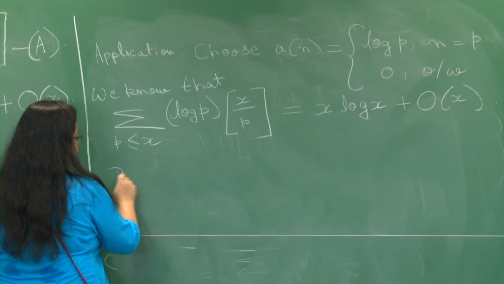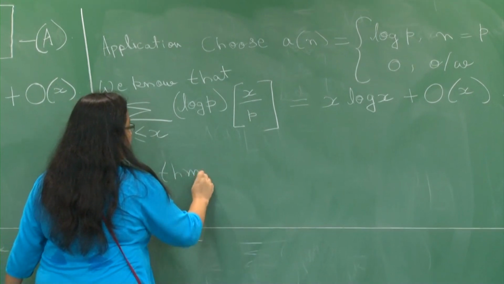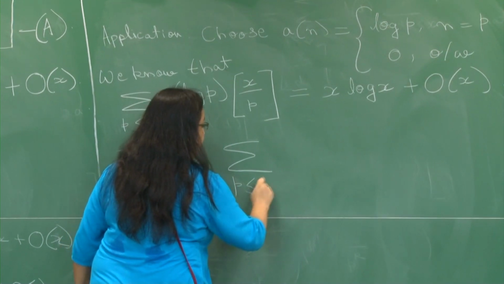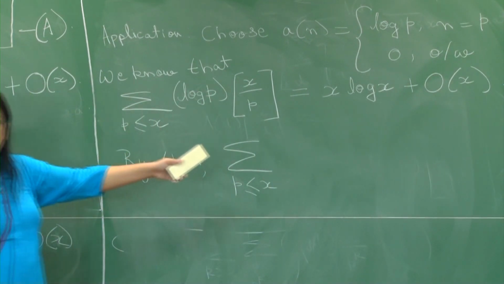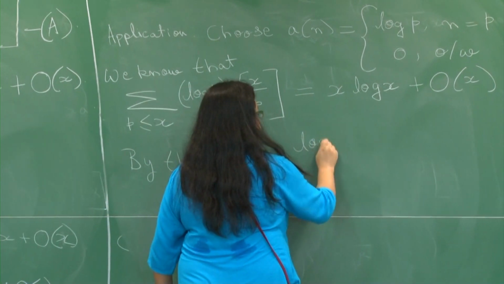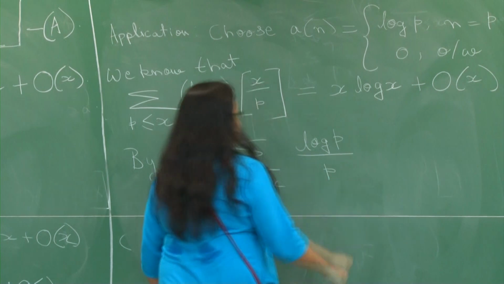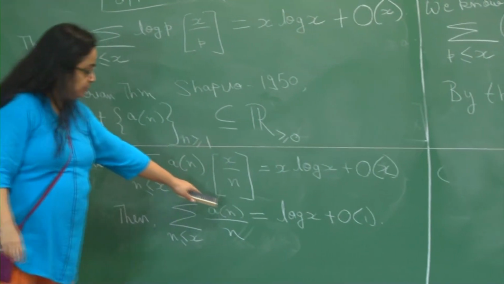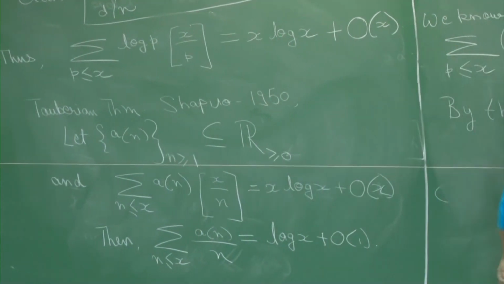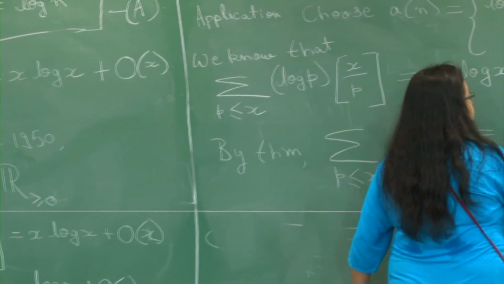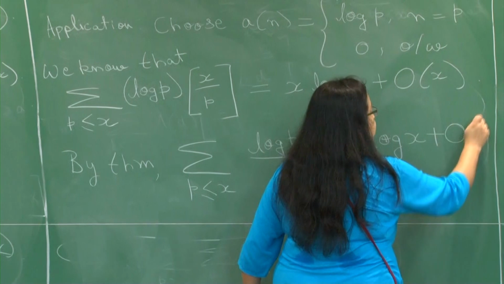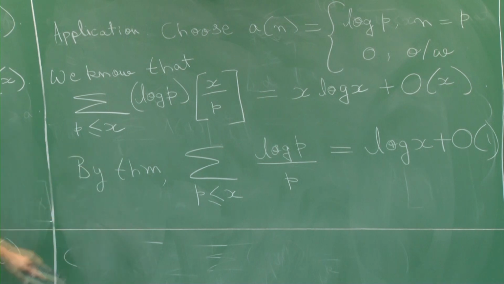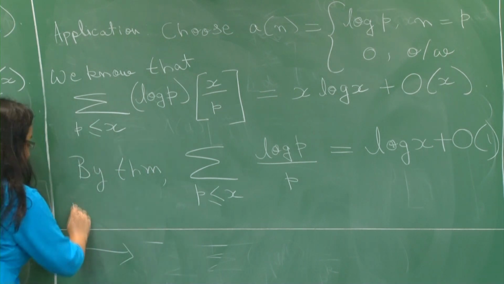So, by the theorem, we derive that summation p up till x of log p over p, which is your function summation n less than or equal to x of A of n over n, since it picks up values only when n is a prime, turns out to be exactly equal to log x plus something which is absolutely bounded. And from this now you can apply partial summation again.